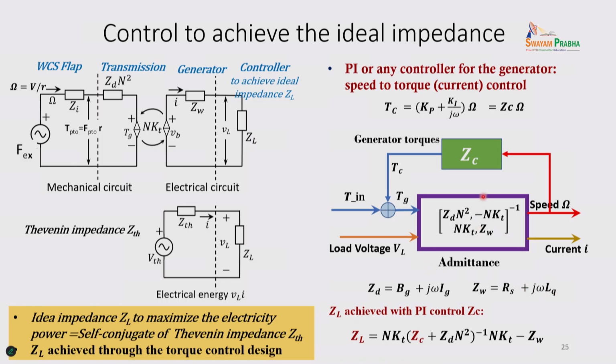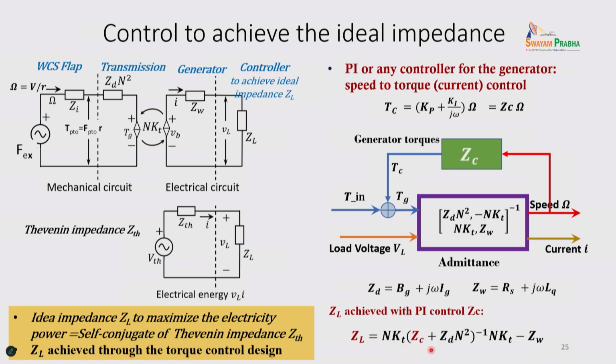Anyway, what I mean is, you give velocity, and you control the torque, and you want to achieve the closed-loop voltage-current relationship. The closed-loop voltage-current relationship is the impedance ZL, right? Now you write a closed loop based on this.